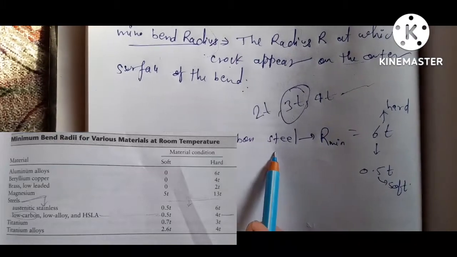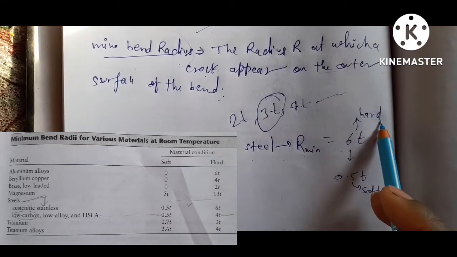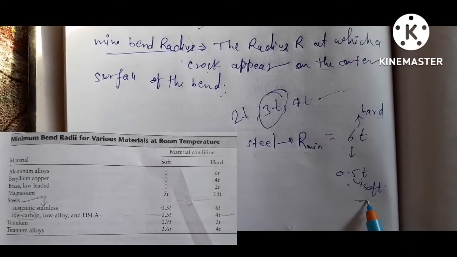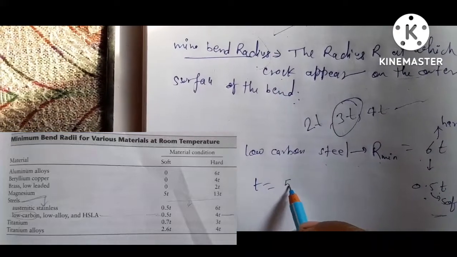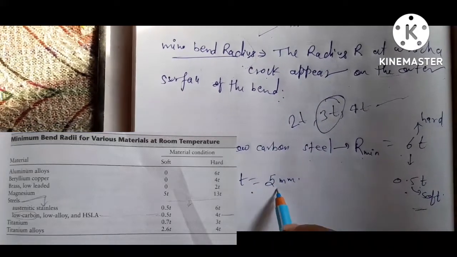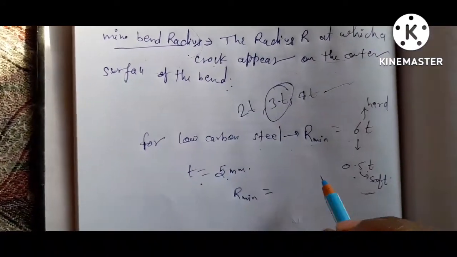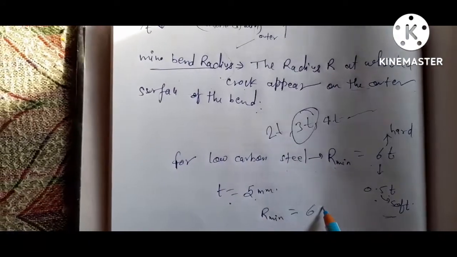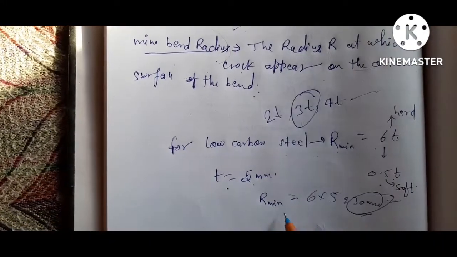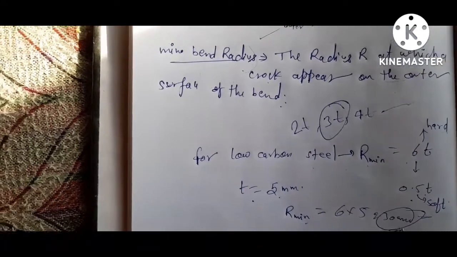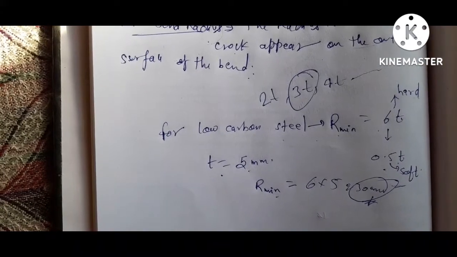Friends, for low carbon steel, the minimum bend radius equals 6t for hard material and 0.5t for soft material. Take an example, if T equals 5 mm, a material having a thickness of 5 mm, what is the minimum bend radius? It will be maximum for hard material: 6 multiplied by 5 is 30 mm. You can safely bend 30 mm radius without cracking.